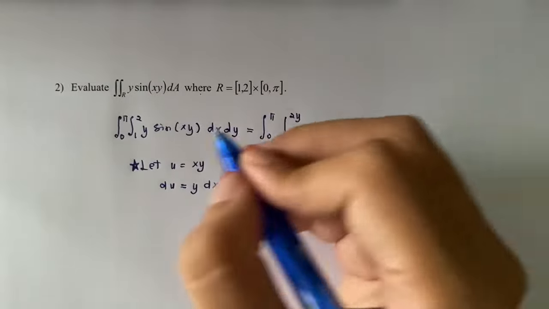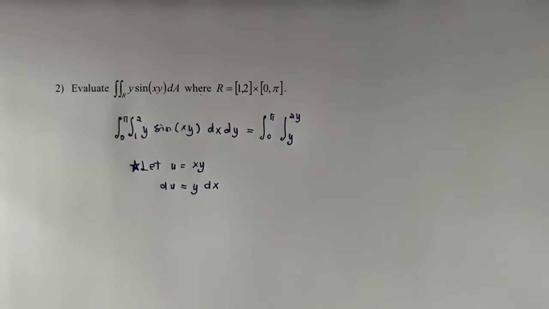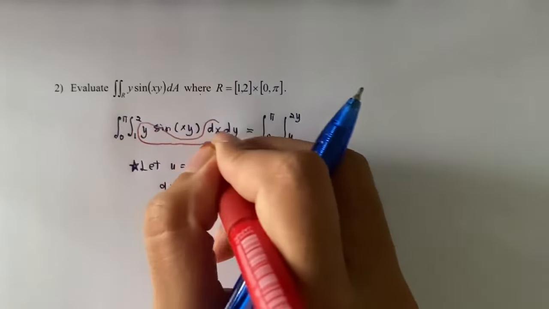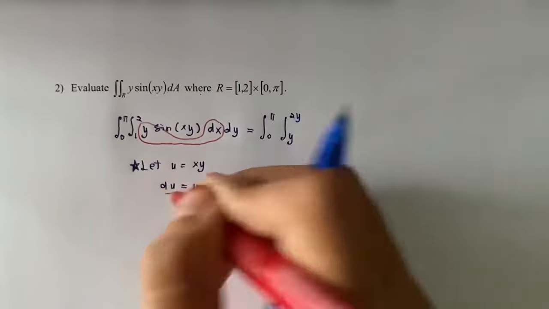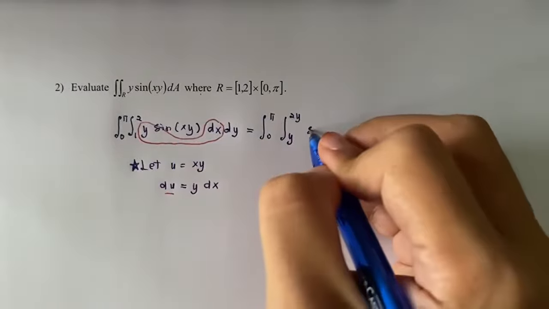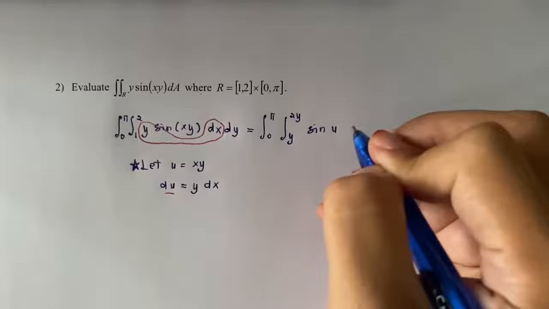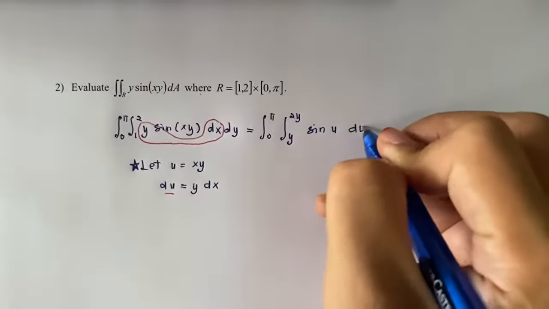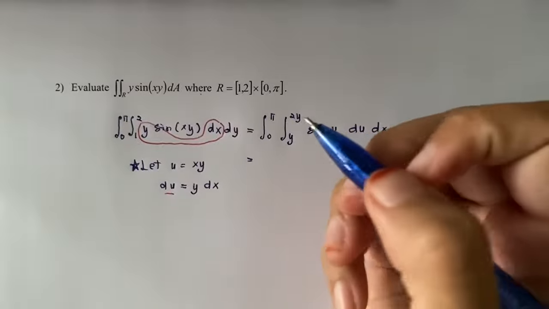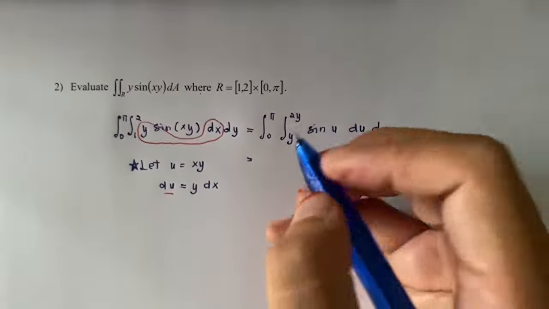Then y dx is equal to du, and sin xy is equal to sin u. So you have sin u du. This is how we do the integration by substitution.